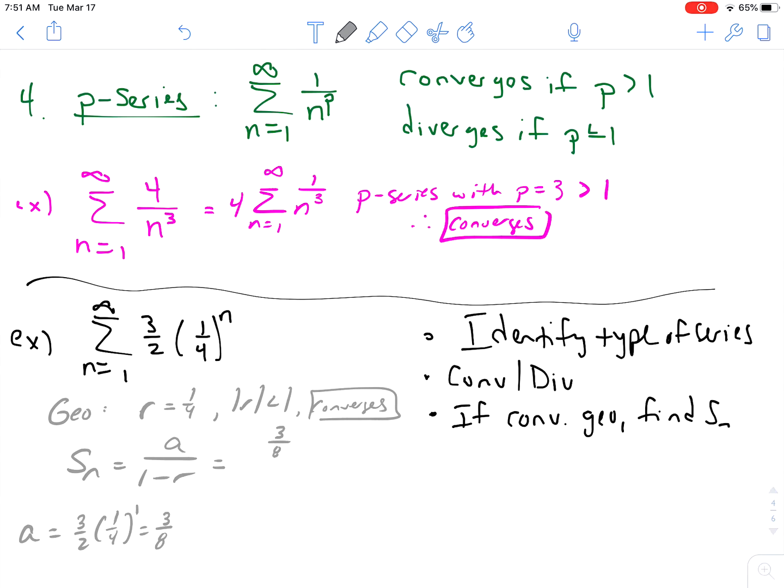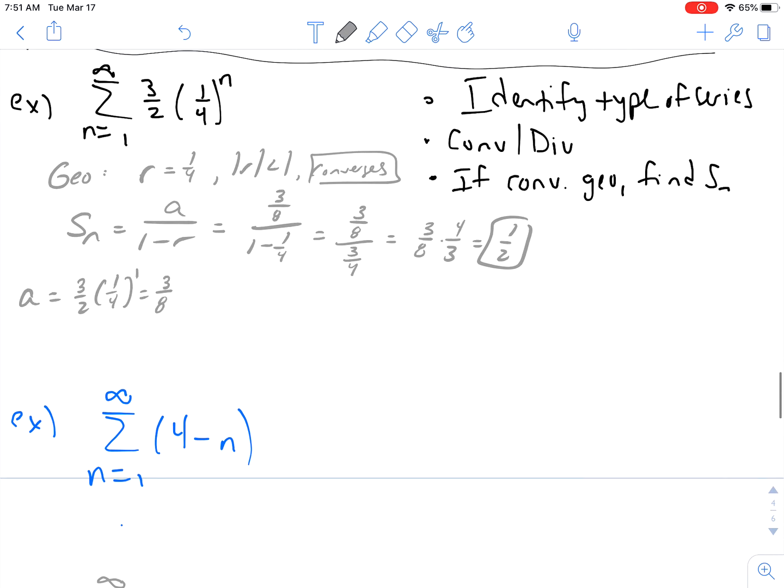So we have 3/8 over 1 minus 1/4, and we are looking at 3/8 times 4/3. We got a half. So that will approach 1/2.